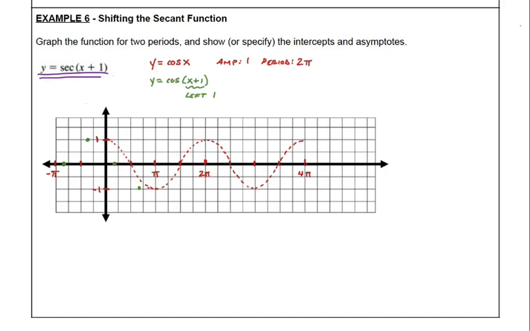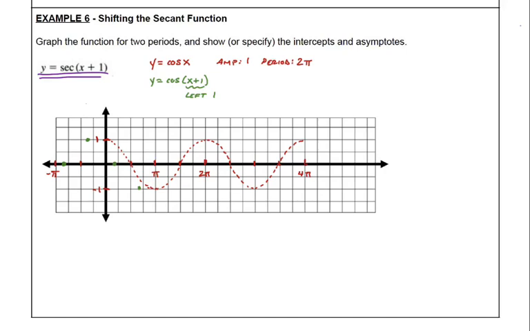So every box is about 0.78, give or take, which means I want to take every point that I have on my red cosine function and shift it to the left about 1 something boxes, 1 plus a little bit more. It's not going to be exactly on a grid line. One of the reasons is if my x-axis is broken in terms of pi and I'm shifting in something not pi, it's not going to work out nicely. So if every box, like I said, is about 0.78-ish, then I'm going to shift to the left a little more than 1, less than 2 boxes.